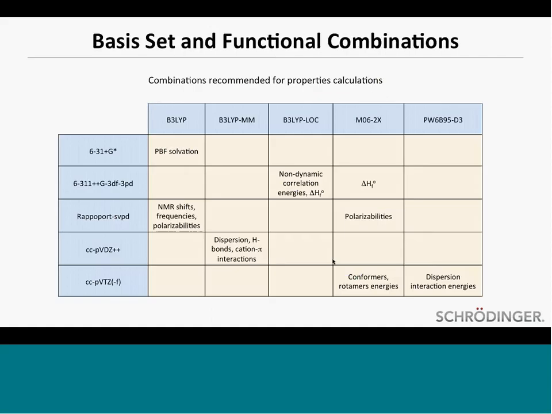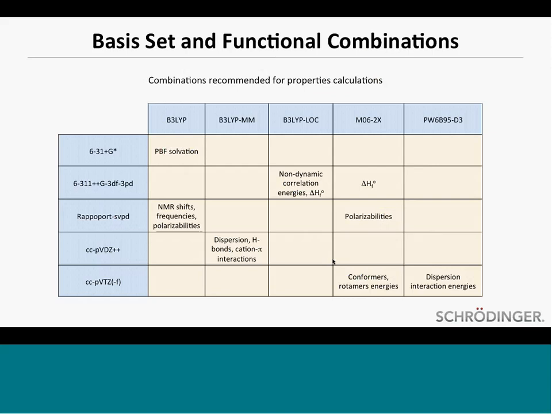I am not very good at memorizing which functional and basis set is the best one to use for any particular property of interest. So this is my cheat sheet. I look at this anytime I'm running any quantum calculation to remind myself which method I want to use. Now, it's not like this is something that has been ordained from above. This is something that we've arrived at with a lot of benchmarks.